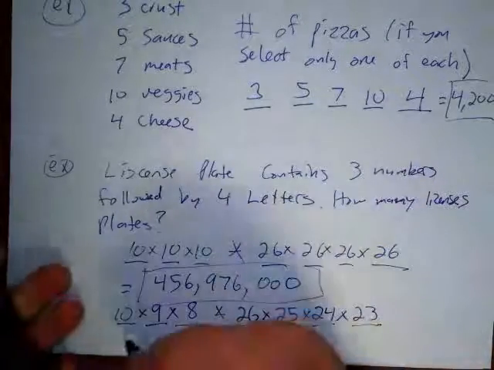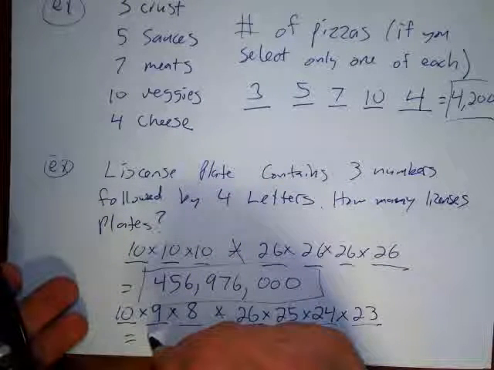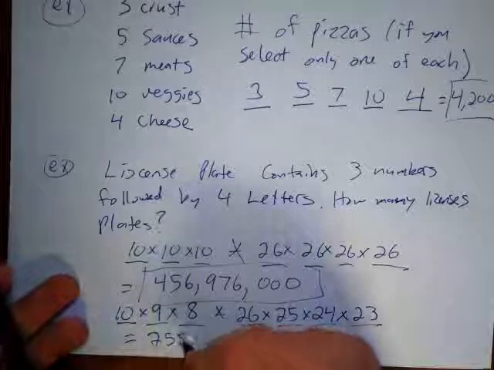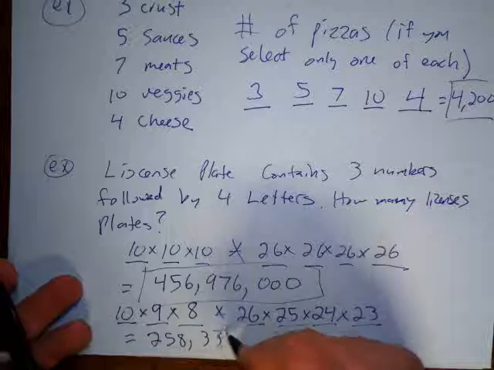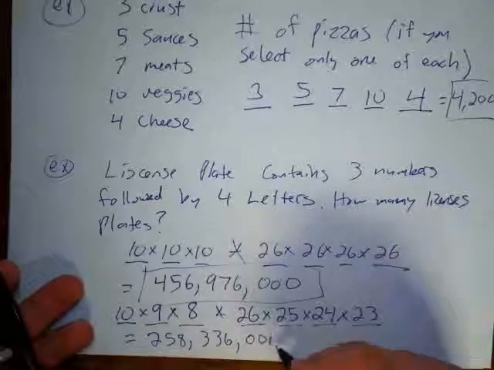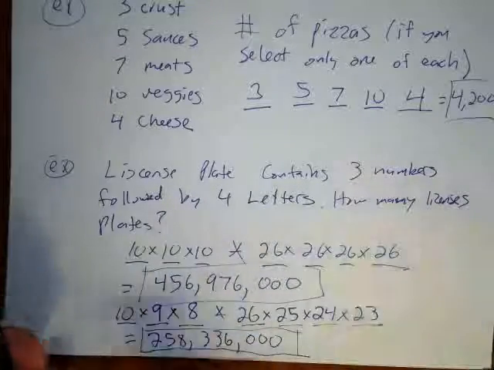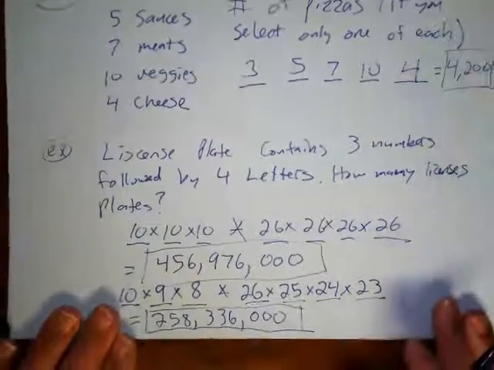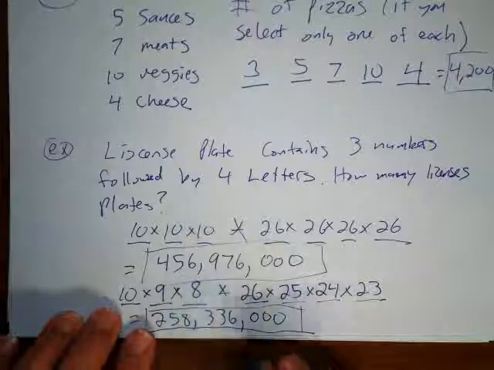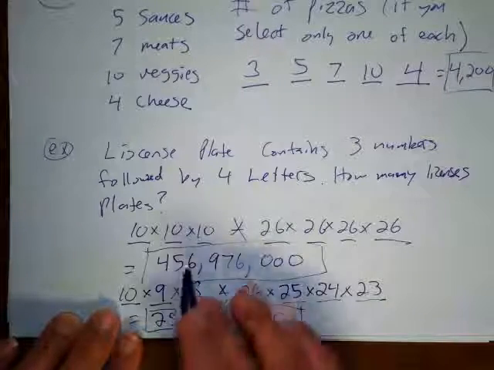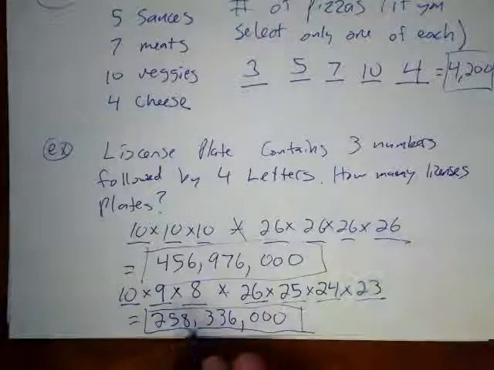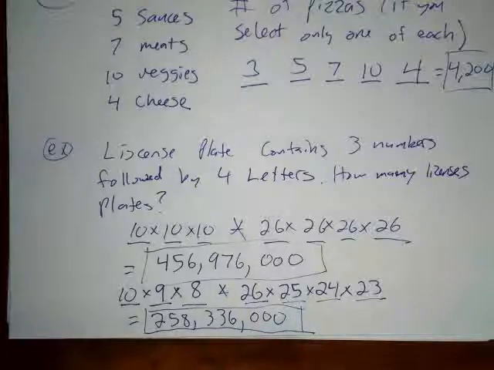And in this case, there would be 258,336,000 license plates. Okay, so there's quite a few less license plates if you cannot repeat the digits. Okay, but there's still quite a few license plates there.